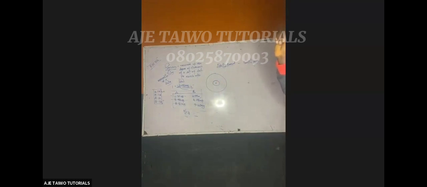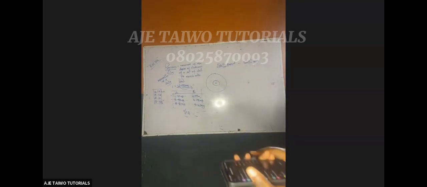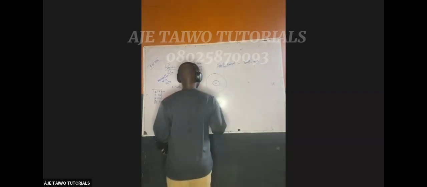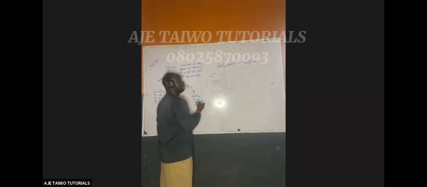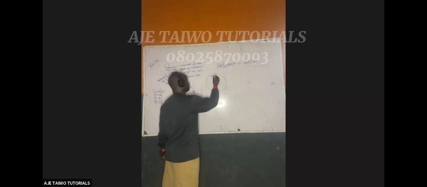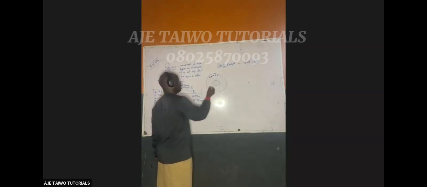It's aiming at the bull's eye. He threw the first one, and here it landed. He threw the second one, and here it landed. The third, the fourth, and the fifth one landed here.